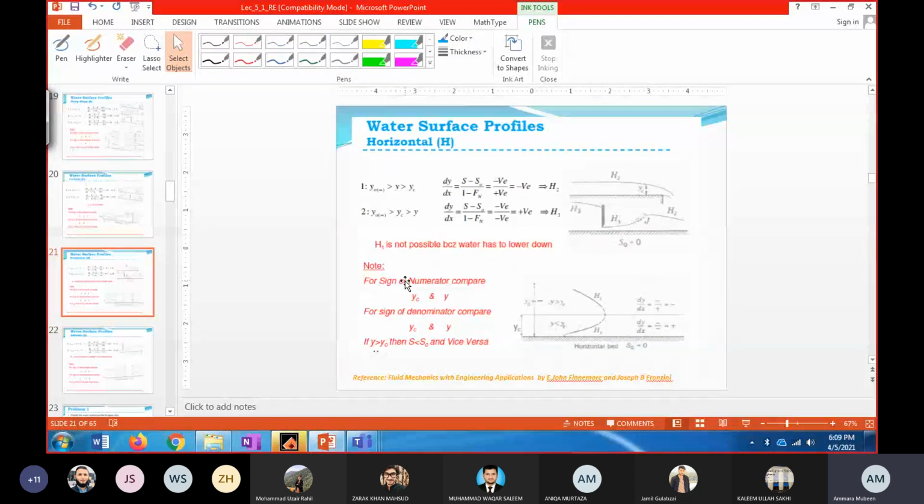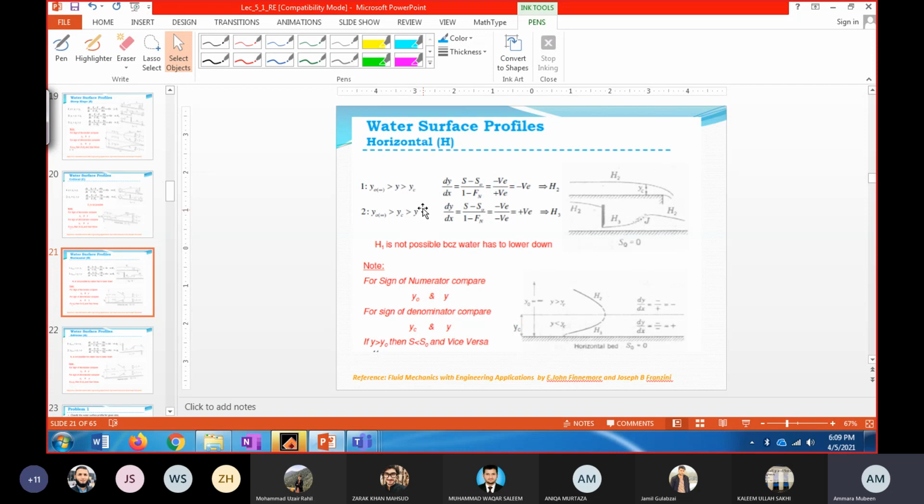So when the bed slope is horizontal, what happens then? When bed slope is horizontal, the uniform flow depth comes out to be infinity. So in that case, we'll have two zones only. One would be between the uniform flow depth and yc, and that would be called zone 2, and the other would be when the depth of flow is less than yc.